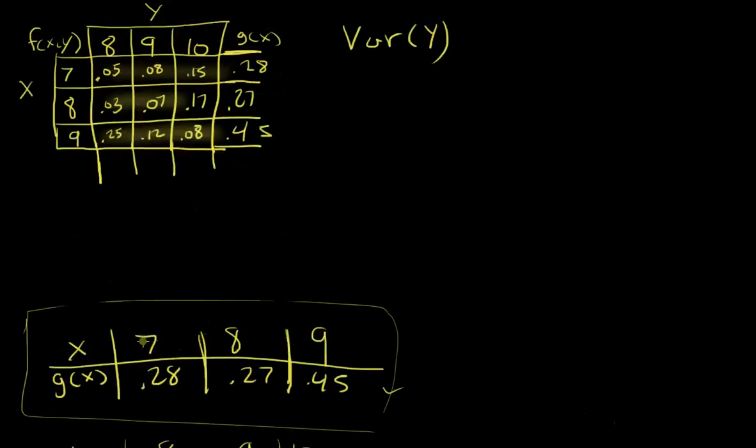If I give you just a PDF of just one random variable, then you'll use that PDF to find the variance of whatever random variable you have.